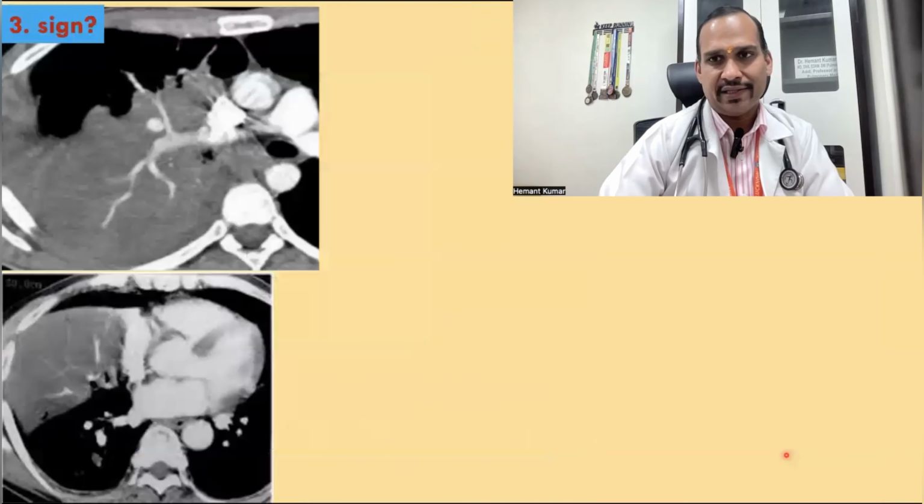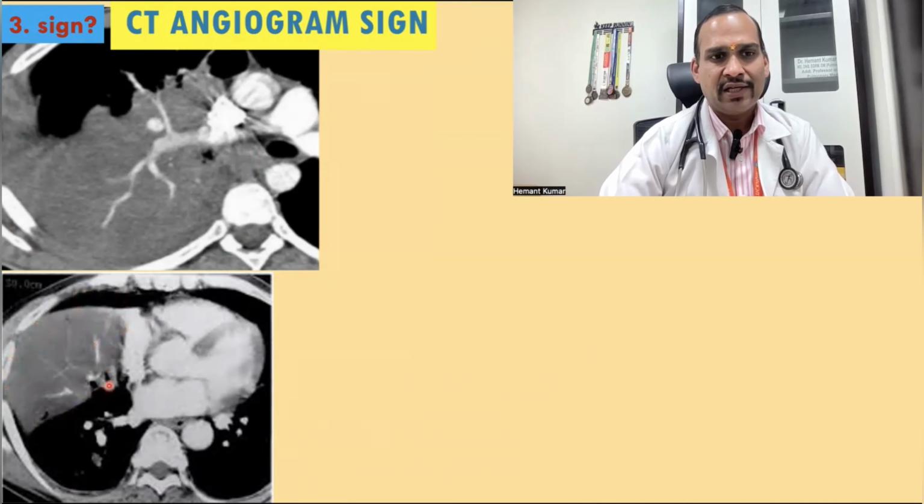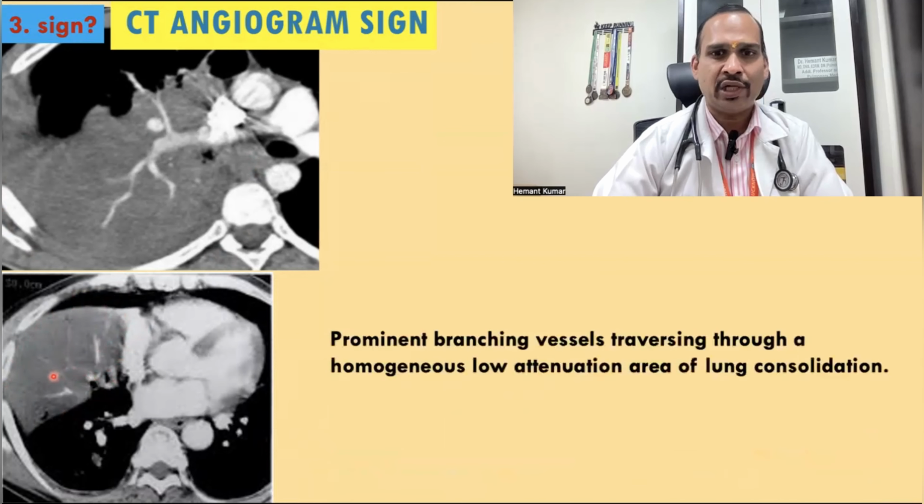Now the third sign. You can see there is a homogeneous opacity, heterogeneous opacity, and inside you can see one vessel. This is the CT angiogram sign. In this CT scan, you can see a solid mass-like structure, and you can see white lines. This is the CT angiogram sign.